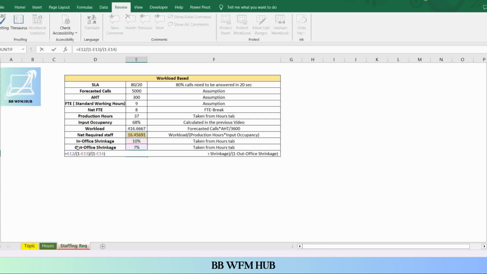So what we are doing here is 16, that is my net required staff, divided by 1 minus in-office shrinkage, and then dividing it by 1 minus out of office shrinkage. That means we are increasing our net required staff with shrinkage. Firstly we divide by 1 minus 10% in-office, and then again by 1 minus 7% out of office shrinkage. So that's how we got 20 gross staffing.